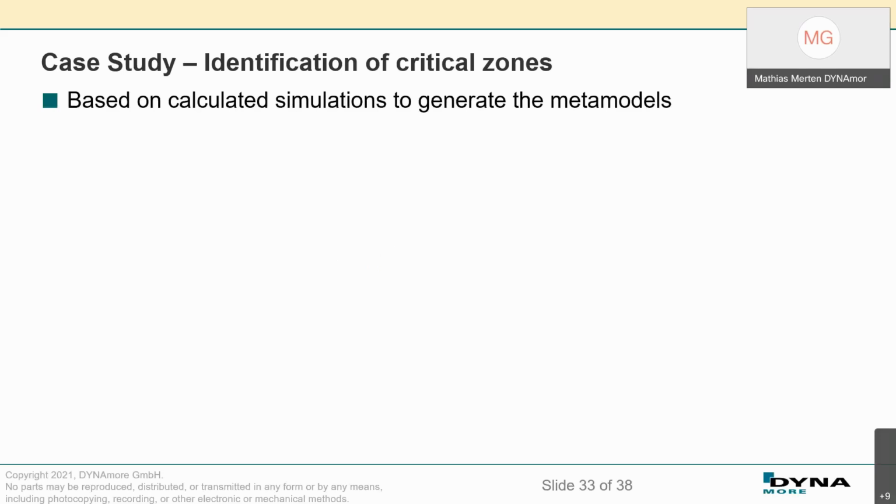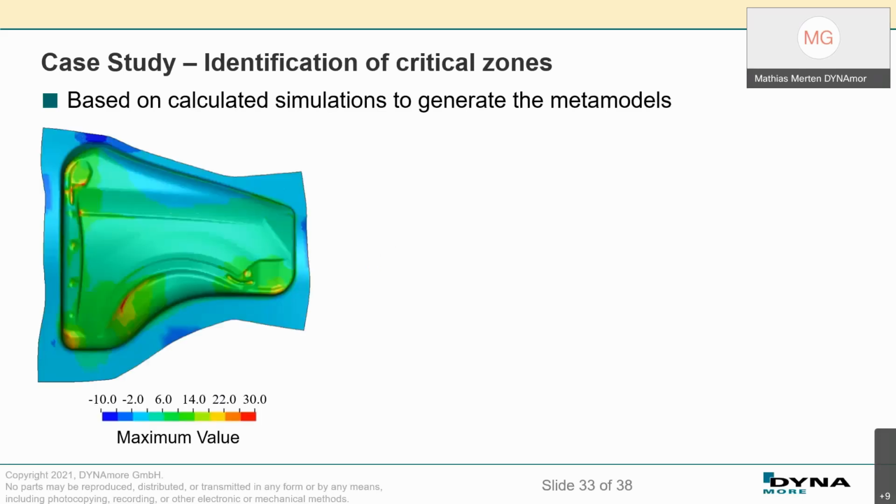So let's take a look at the calculated statistics and the fringe plot of these results. We limit it to the thickness reduction, or the thinning, and we have chosen to plot the maximum value. As you remember from the first result evaluation, we have thinning in this area.